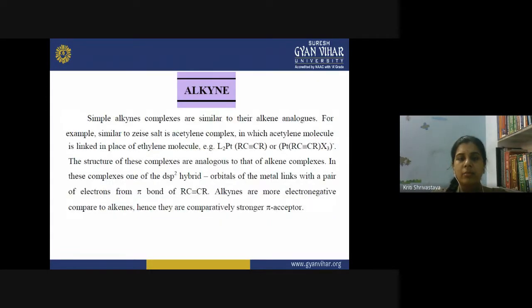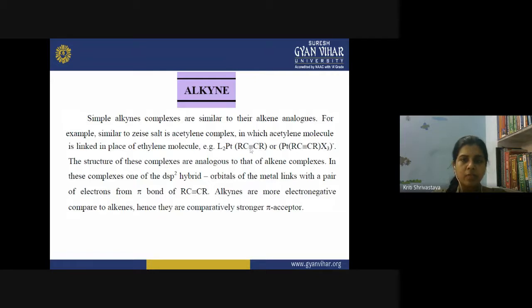Then simple alkyne complexes are similar to their alkene analogs because in most of them only one pi bond is used. So similar to Zeise's salt, we also have an acetylene complex. In Zeise's salt we have PtCl3 and alkene, right? So in the analogous acetylene complex, the acetylene molecule is linked in place of the ethylene molecule.